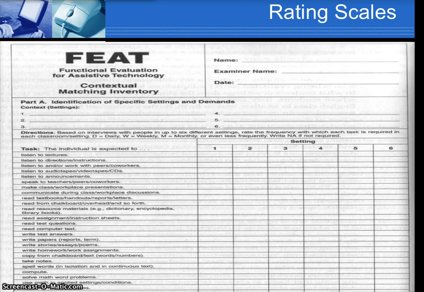Probably weekly, W, and we go through filling out and looking at that. And then, of course, we can create a composite of that in like an Excel spreadsheet, giving values to daily, weekly, and monthly. And then we have a big picture for the frequency for each category of task that the student needs to be involved in within the classroom environment.